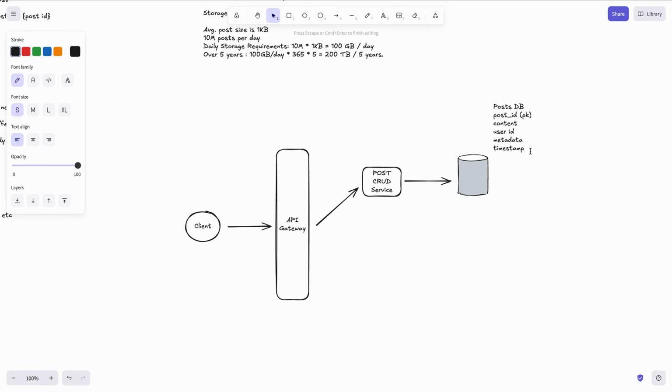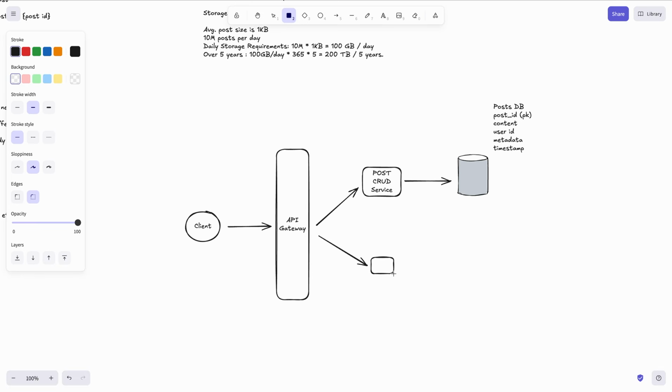Now let's take a look at the read path, which is fetching the news feed. When a user opens their app, the API gateway routes this request to another service, and let's call it the newsfeed service.